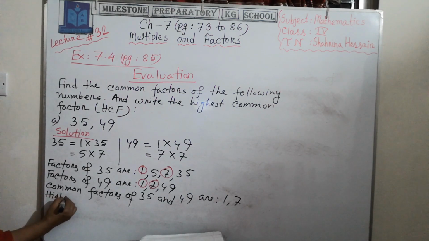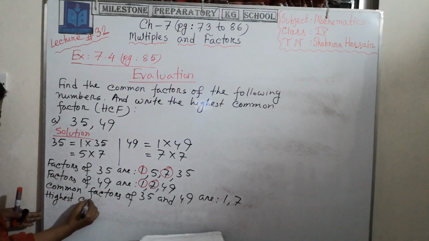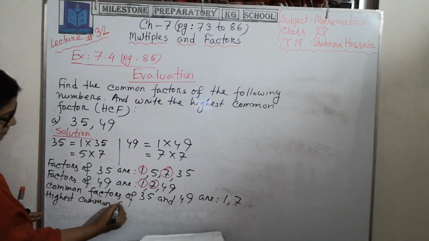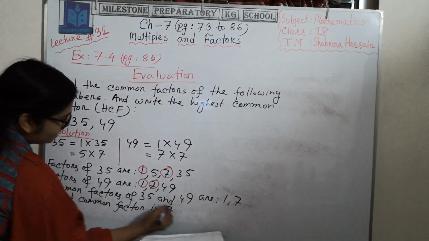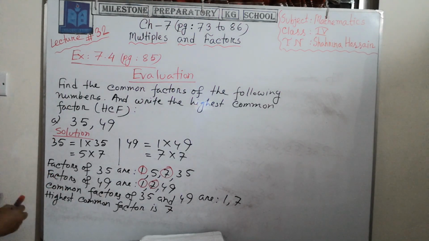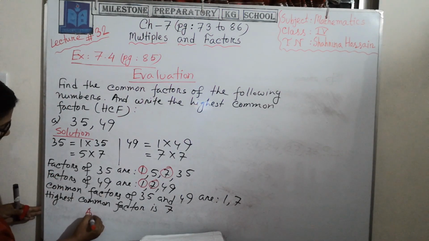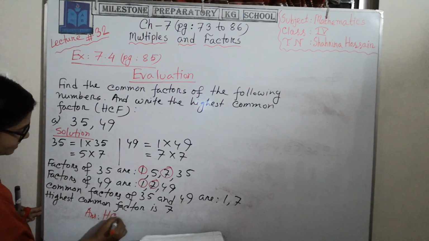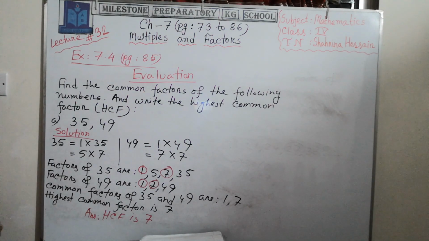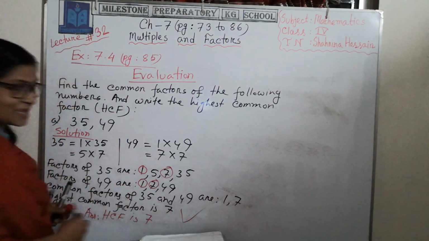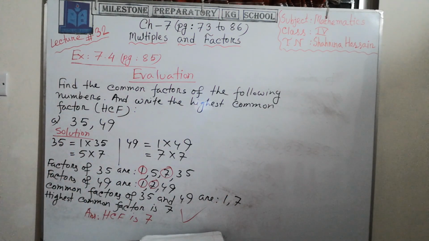So the highest common factor is 7. Good. So my answer is HCF is 7. Okay, done. Okay, now let's come second one, number B.